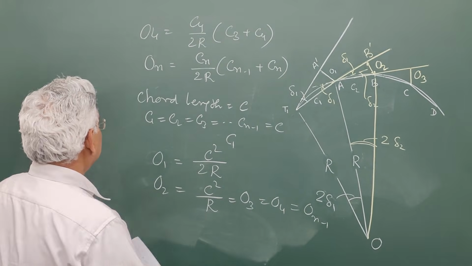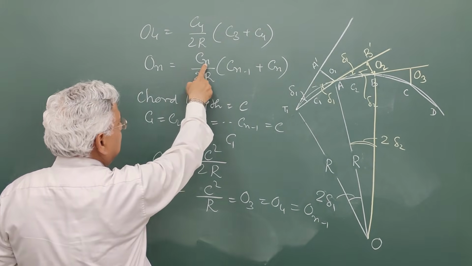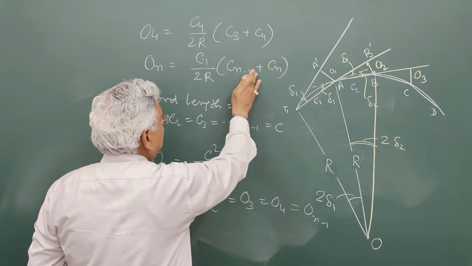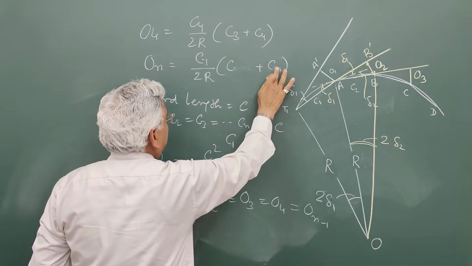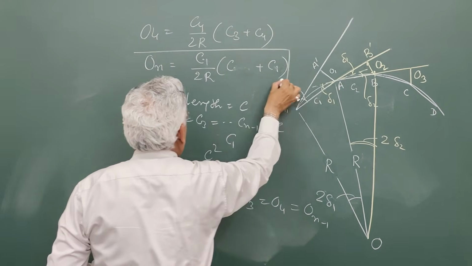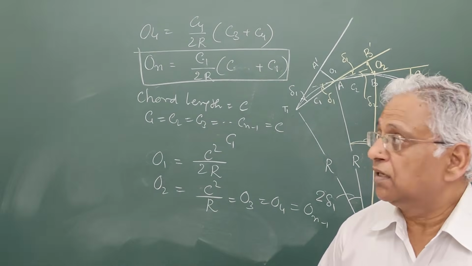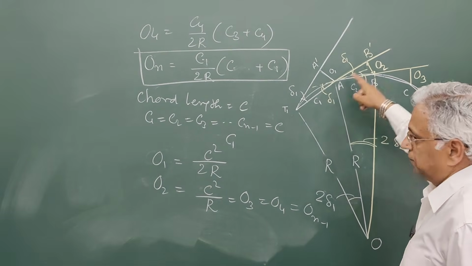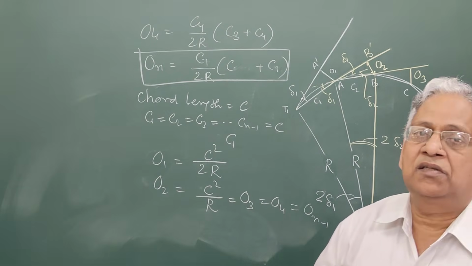And the last one, On will be Cn, that is your C1, Cn minus 1, that is C plus C1. That will be the last offset.